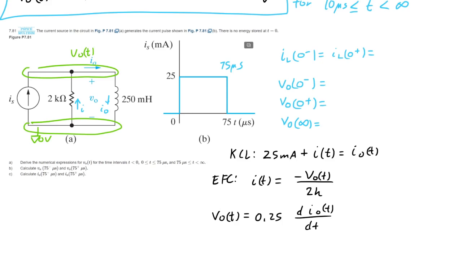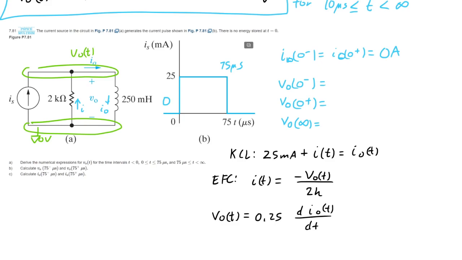So to find the initial current in the inductor, we just go back here. We see 0 minus is 0, and that can't change instantaneously in the inductor. So that means that the current through the inductor is 0. I should actually write IO instead of IL. Since there's no current in the circuit, the voltage drop across the resistor is 0.